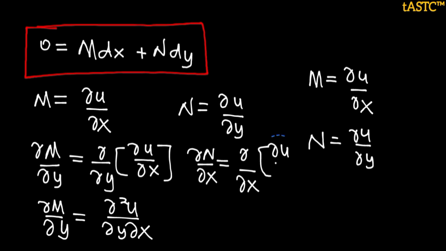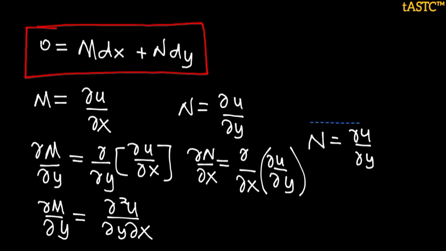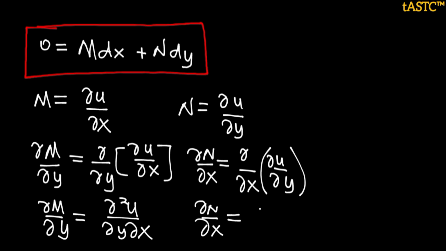So you're going to have partial N, partial x equal to partial squared u divided by partial x, partial y.